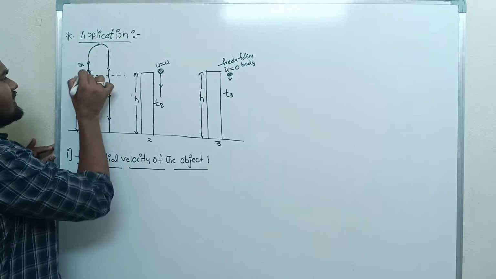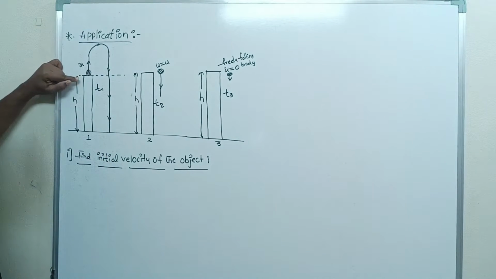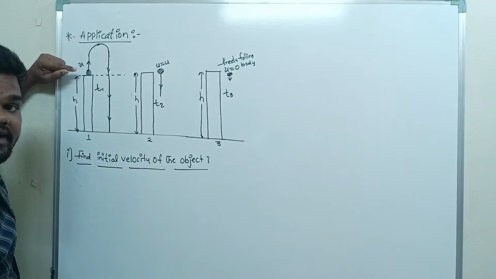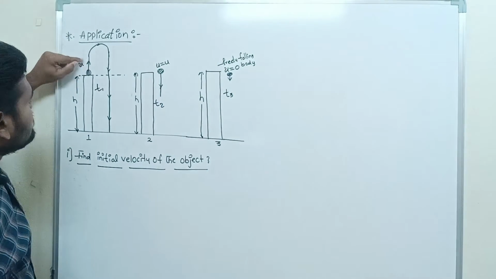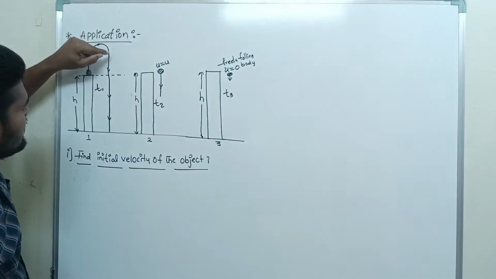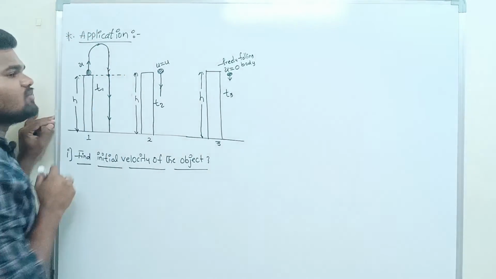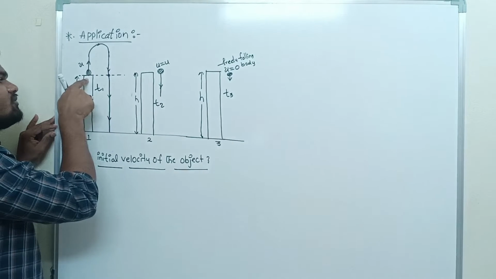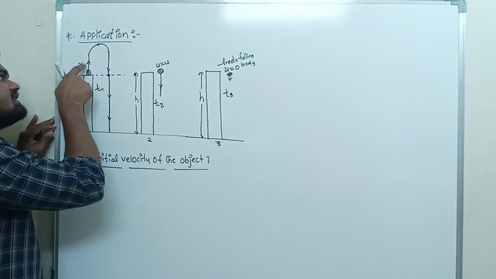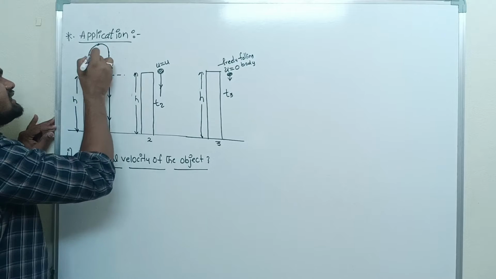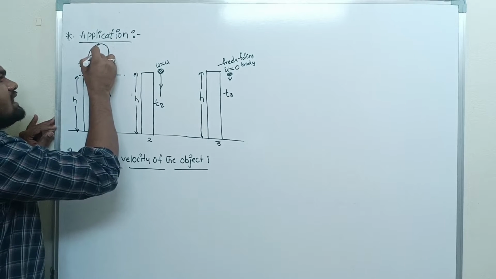Have a look at the first diagram. Here we throw an object in a vertically upward direction, it moves like this, and it reaches the same point of projection. The time taken by the object to reach maximum height from the point of projection is called the time of ascent.